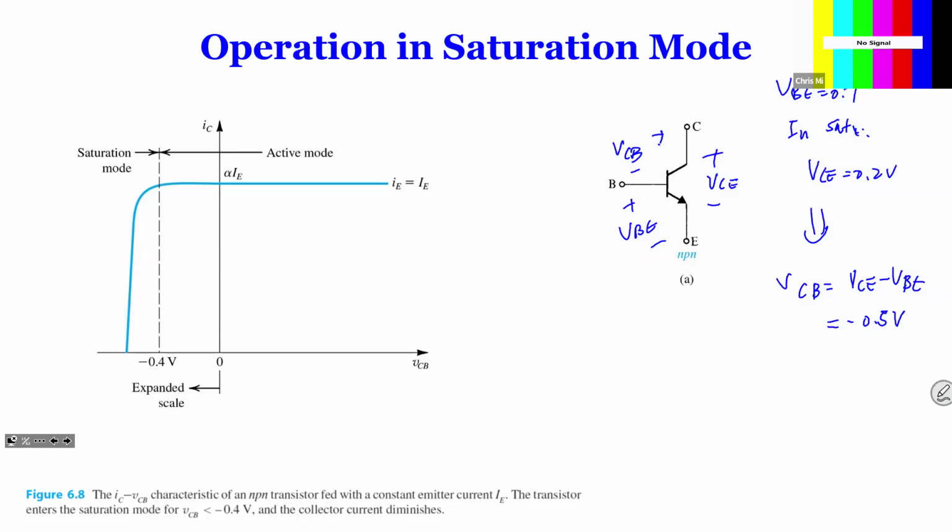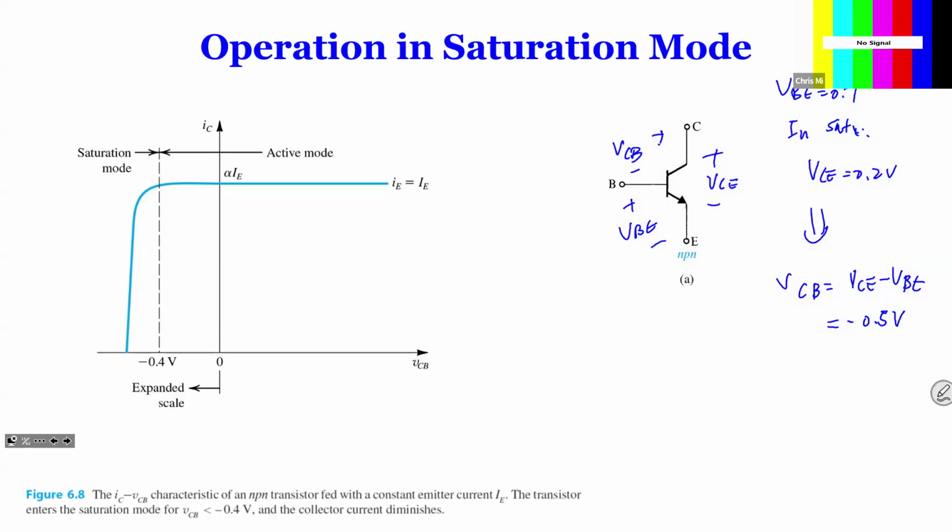What it really means is that when VBE is 0.7, you start to have current flow from base to emitter. VCE can be a very large number, but when you reduce VCE, you still have current, to the point that VCE becomes 0.2 or 0.3 to be exact.